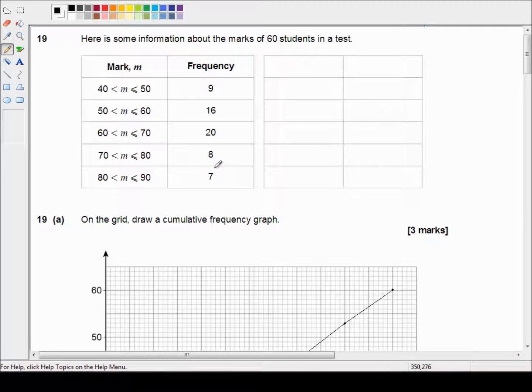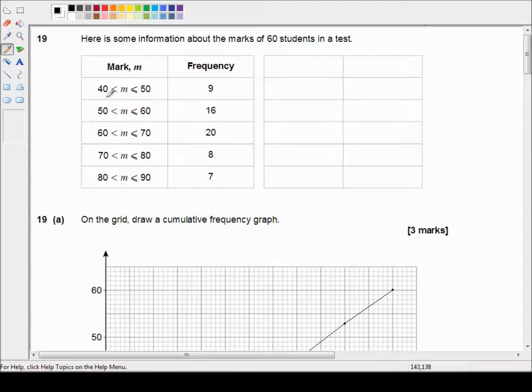In this video we're looking at the AQA 8300 series May 2017 past paper. This is the first paper in the higher tier. We pick it up in question 19, which says, here is some information about the marks of 60 students in a test.